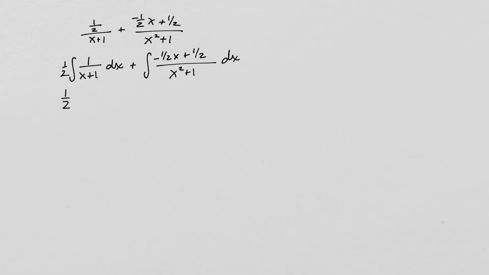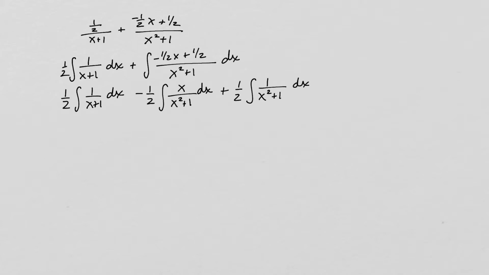So I've really got 1/2 the integral of 1 over x plus 1 dx, minus 1/2 the integral of x over x squared plus 1 dx, plus 1/2 the integral of 1 over x squared plus 1 dx. So any questions on how I got any of those?